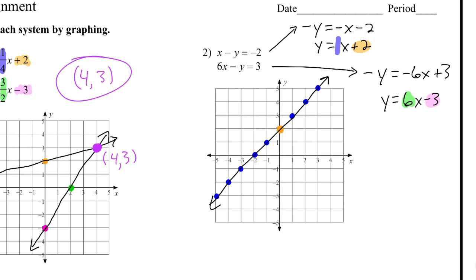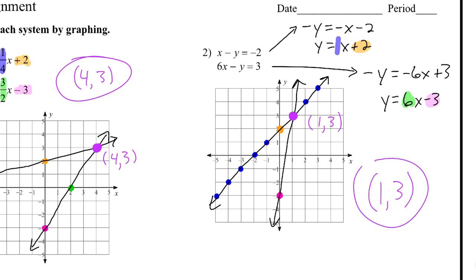So I'm going to start at my y-intercept at (0, -3), and a slope of 6 means go up 6 to the right 1. Right there, and I just connect those points. That's right where it crosses the other line. Again, where they cross, that's my solution. So my solution here is the point (1, 3).